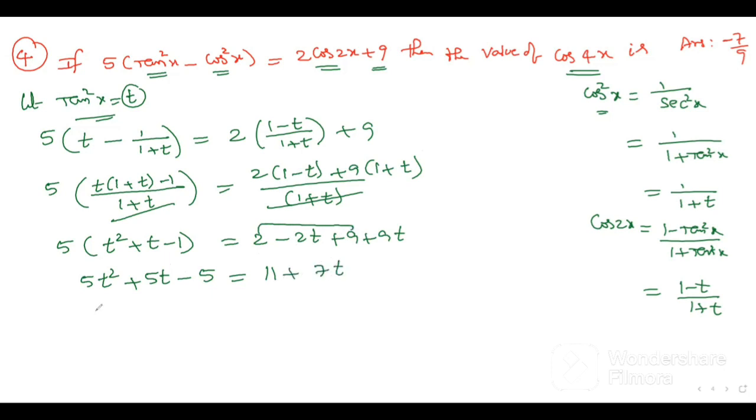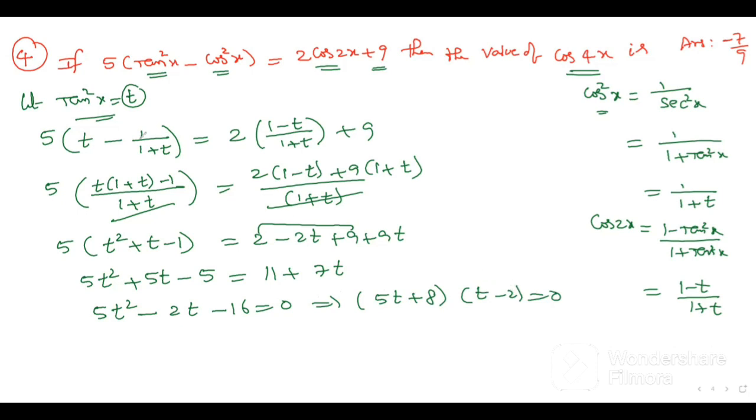What we get? All terms standing on the left side: 5t square minus 2t minus 16 is equal to 0. So do factorization: 5t plus 8 into t minus 2 is equal to 0.